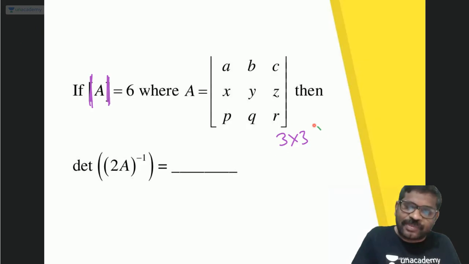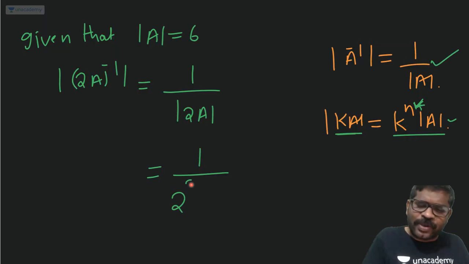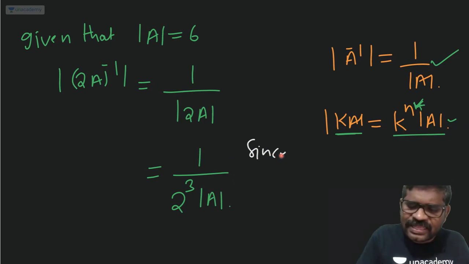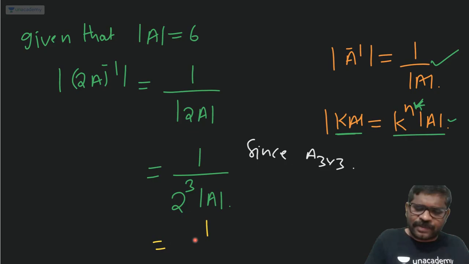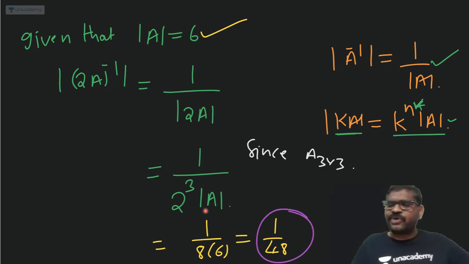Order of the matrix is 3 cross 3. That's why 2 power 3 into det A. Since A is 3 cross 3, 2 cube is 8, det A is 6, so 1 by 48. So the answer is 1 by 48. Understood?